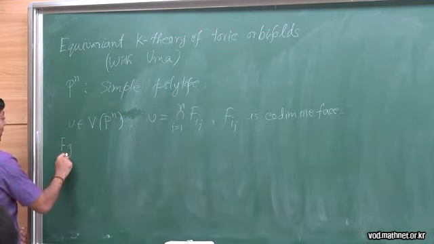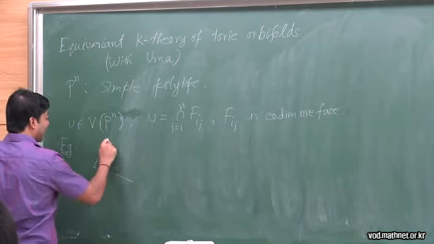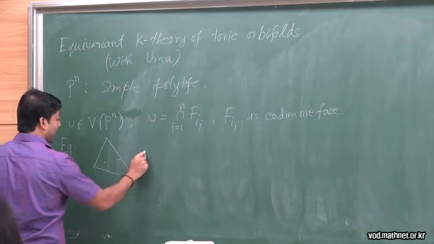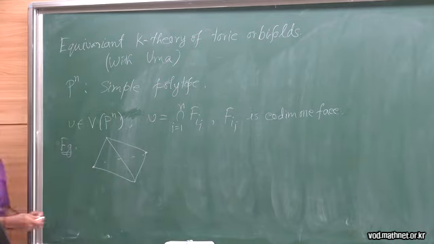So let's have some examples. It's easy to give examples in 3 dimensions. So we have a tetrahedron. We can see that each vertex is the intersection of 3 facets. So it is easy.